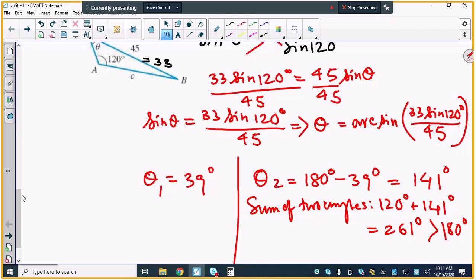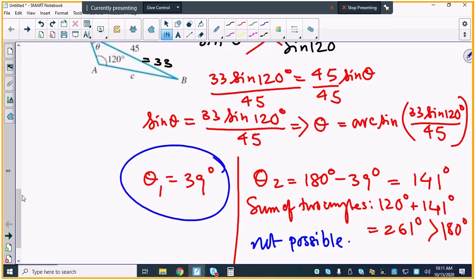The sum of only two angles is greater than the sum of all three angles. So I say, well, that is not going to happen, not a possible situation. So now I know this triangle has only one solution, and my theta value is only 39 degrees.